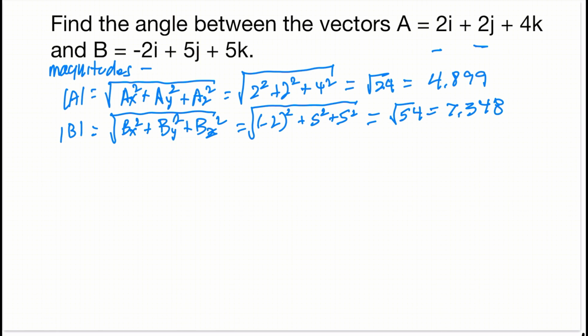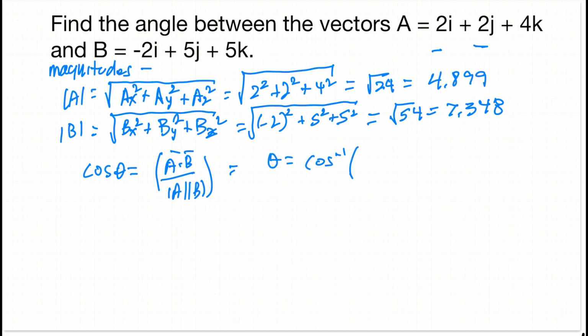So now we know everything except the cosine of theta, and that is equal to A dot B divided by the length of A divided by the length of B, just from our definition of the dot product. So theta is equal to the cosine inverse of, now A dot B is 26, and we know the length of A is 4.899 times the length of B, 7.348.